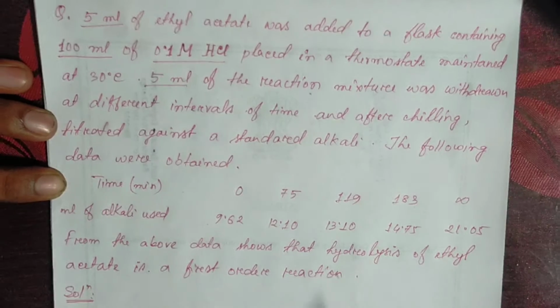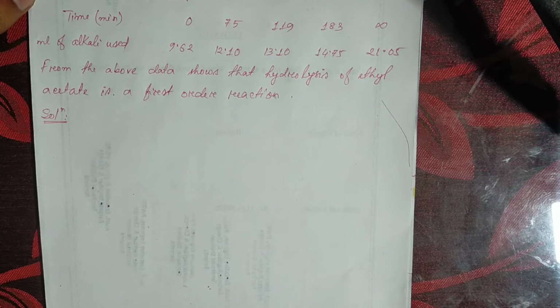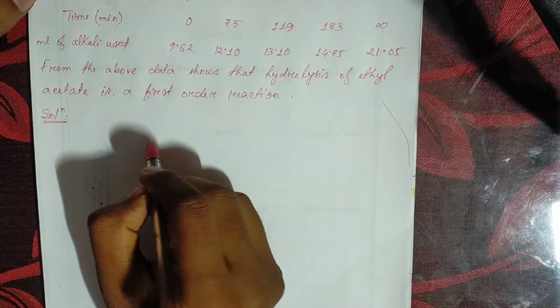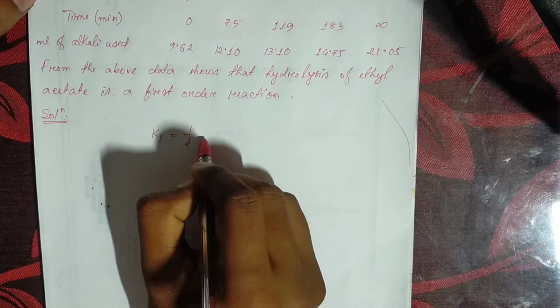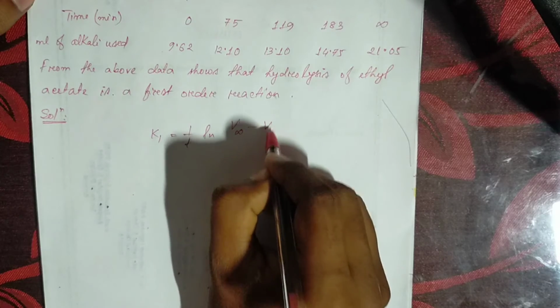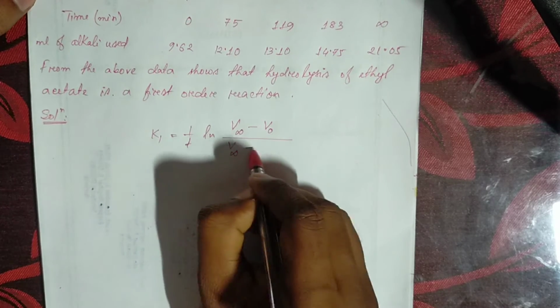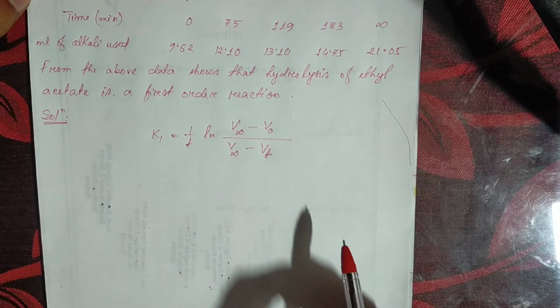From this data we are going to show that the hydrolysis of ethyl acetate is a first order reaction. So in this question we have to know a general equation, which is K1 is equal to 1 by T ln V infinity minus V naught by V infinity minus Vt.